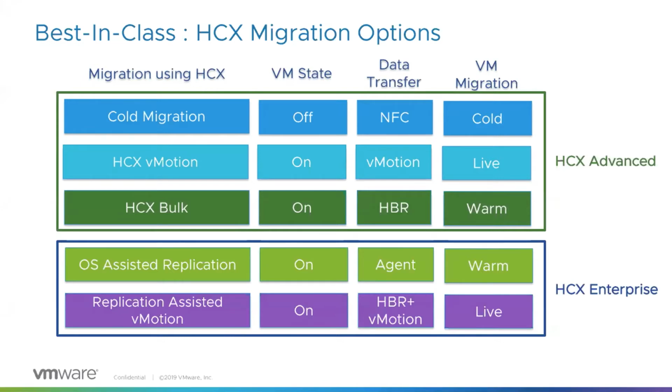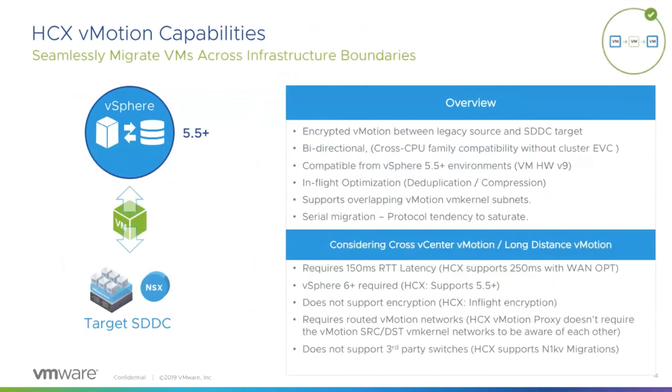Whereas for replication assisted vMotion, we can initiate the replication of the data beforehand, and then when the vMotion mechanism takes over, there will only be a subset of data that needs to be copied and migrated over. So again, the migration is live.